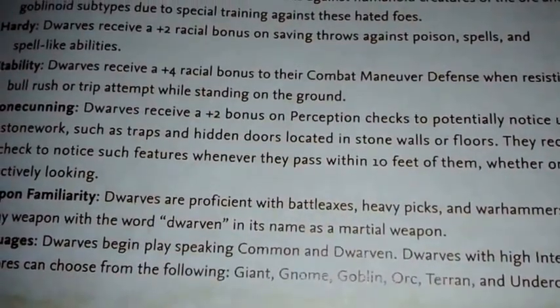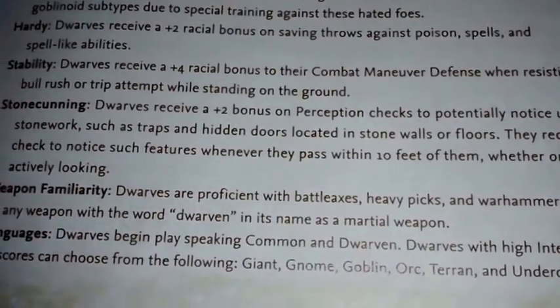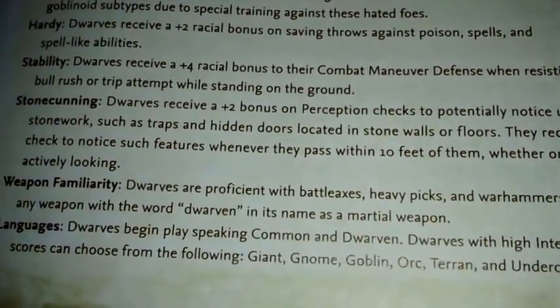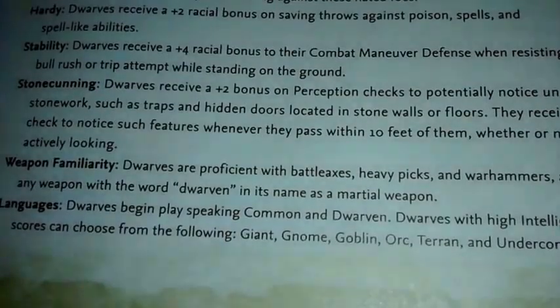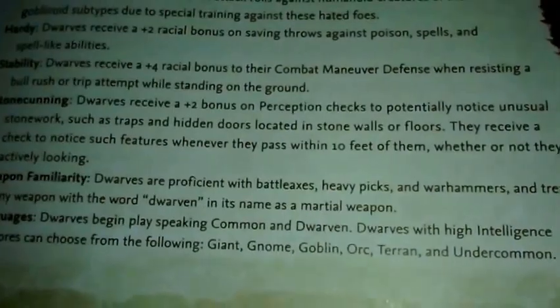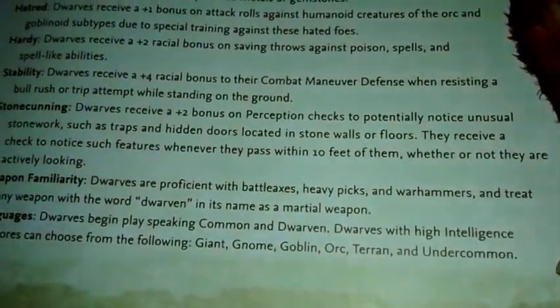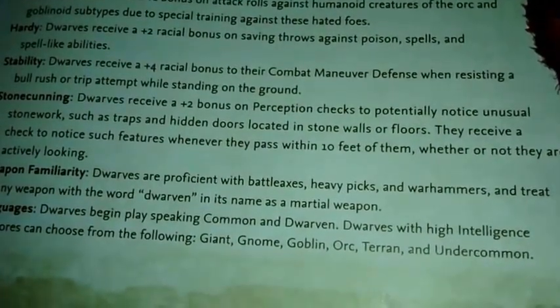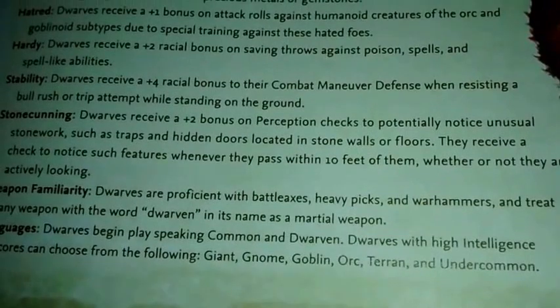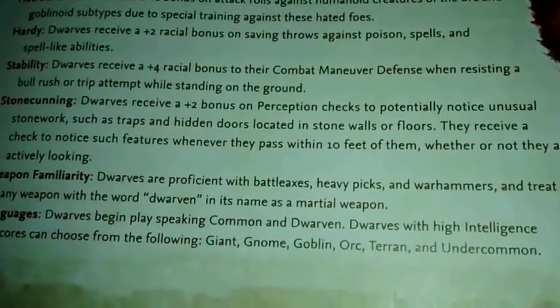Some abilities have so much text that it seems like there's no way you'd be able to abbreviate it properly. An example of this would be Stone Cunning for dwarves. Stone Cunning gives a +2 perception bonus to notice unusual stonework, such as traps and hidden doors located in stone walls or floors.